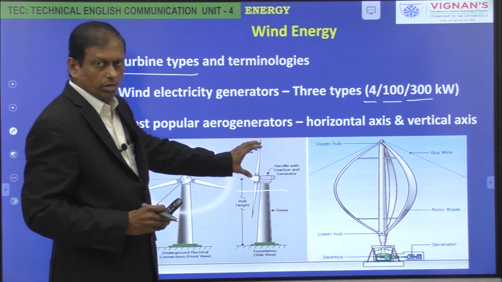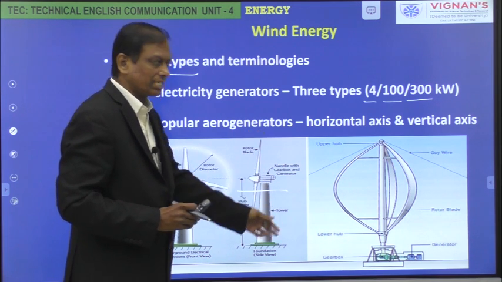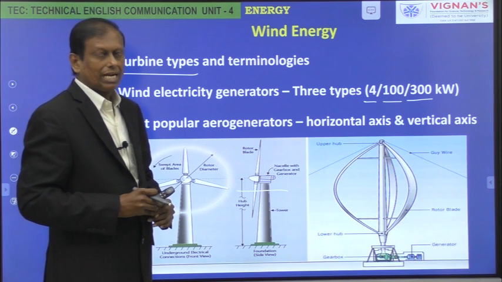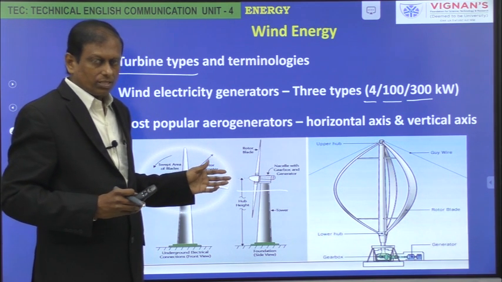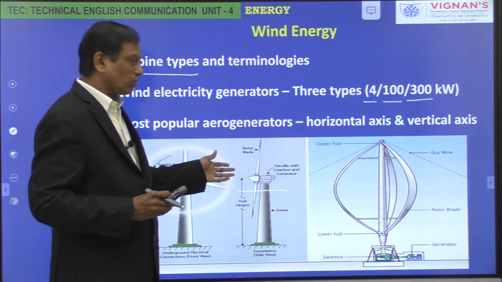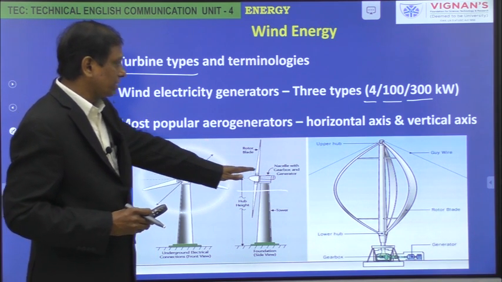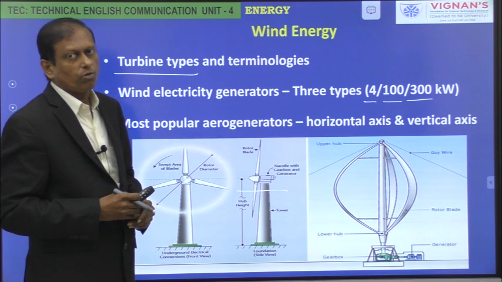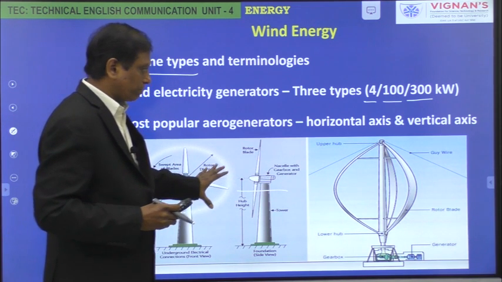Tons of load are on the top, and electricity is generated there and then produced through wires. And during gusts of wind or cyclones, there would be certain danger for this type of horizontal axis generator. The reason is the entire generator is on the top of the tower, which is very expensive.